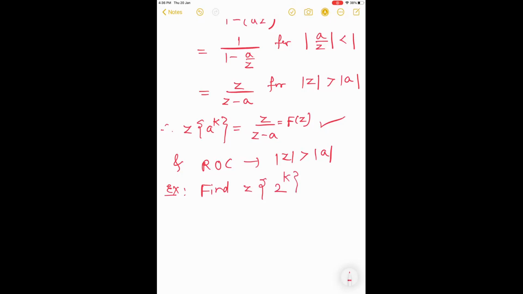I'm just changing a to 2. So what will be the answer for the z transform? Z upon z minus 2, and the region of convergence will be modulus of z greater than 2. That is a circle. So outside the circle of radius 2, you will have that region of convergence.